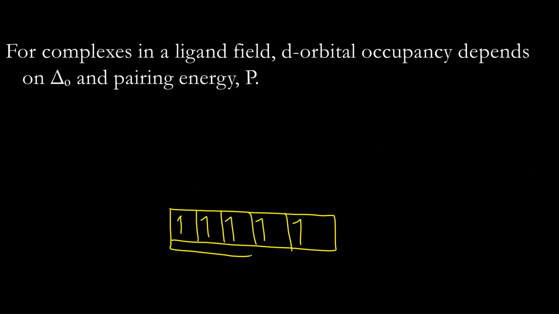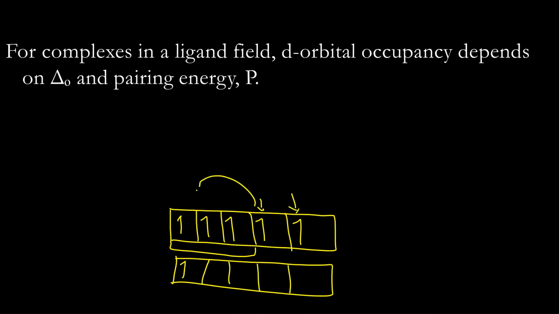Pairing will take place in these three orbitals. So instead of this configuration, in presence of that field, these two electrons will move to here. So now the unpaired electron is only one. So it is low spin.